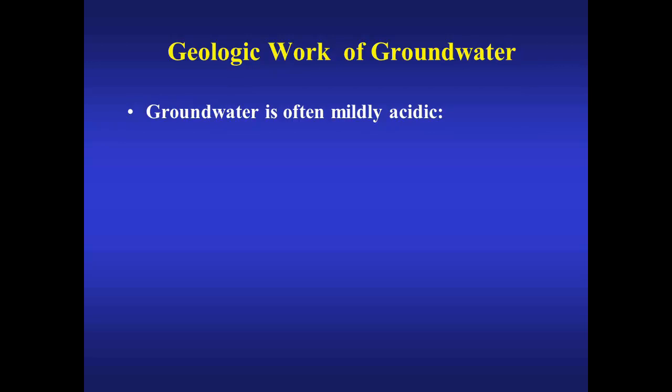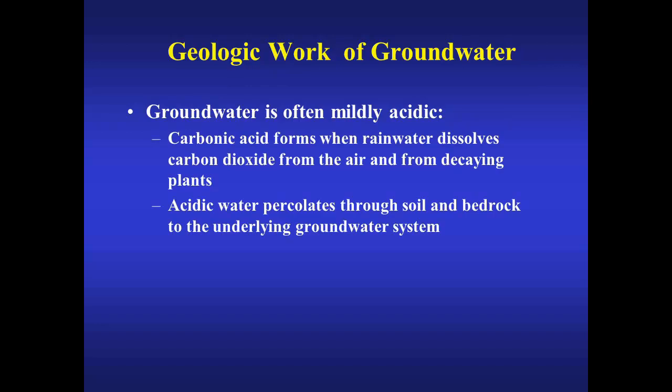Now, groundwater can also do a significant amount of geologic work, particularly if the groundwater is mildly acidic. Carbonic acid forms, for example, when rainwater dissolves carbon dioxide from the atmosphere, and also when the rainwater hits the ground and infiltrates through the underlying soil, it can also become acidic from the decaying plants and other organic material.